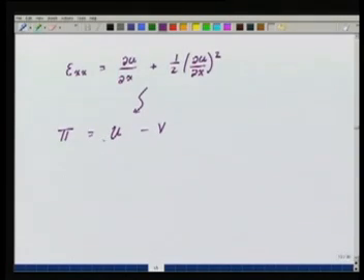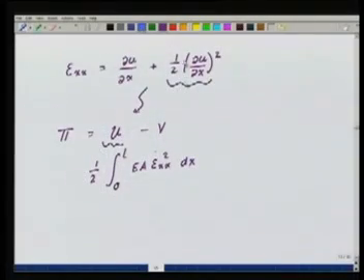This u will have half the integral from 0 to L of EA Exx whole squared dx. So we'll have exactly the same scenario as we got in the previous problem, where this quantity is now going to contribute to the nonlinearity.